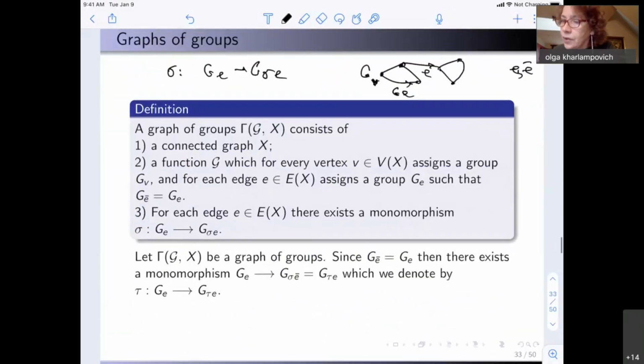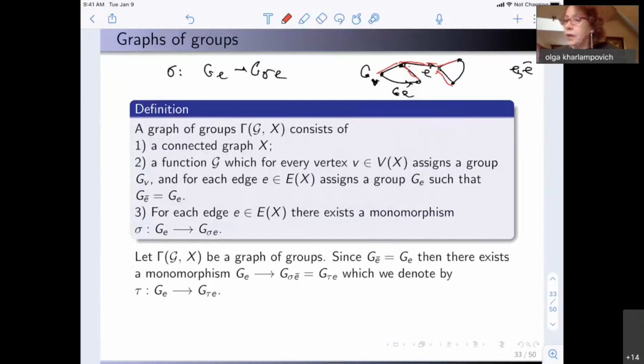In any case, we have to select a maximal subtree in this graph first. Now every graph has a maximal subtree, by Zorn's lemma, but here we deal with finite graphs. Sigma of E is the starting vertex of the edge, and tau is the terminal vertex.